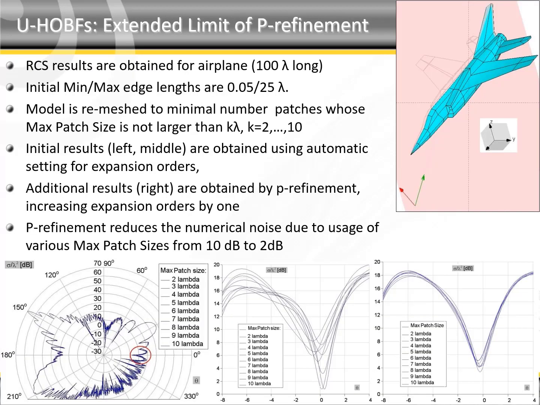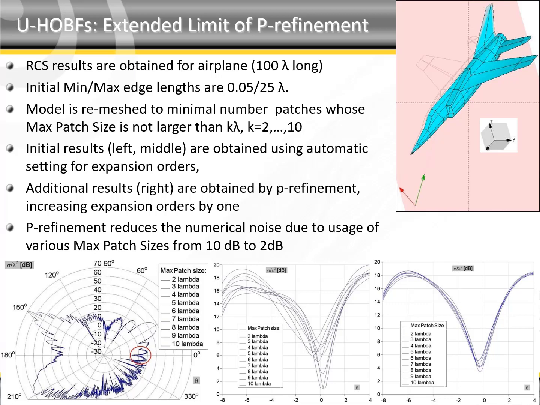Extended limits of p-refinement are demonstrated on RCS results obtained for a 100 lambda long airplane. Initial minimum and maximum edge lengths are 0.5 wavelengths and 25 wavelengths.